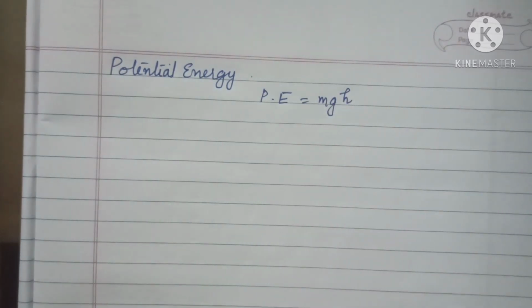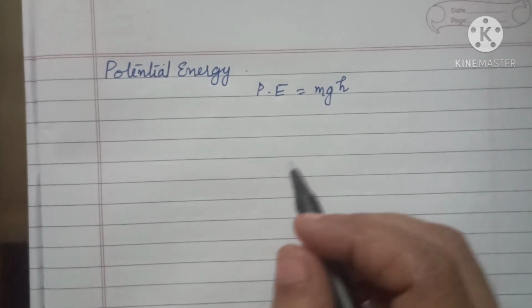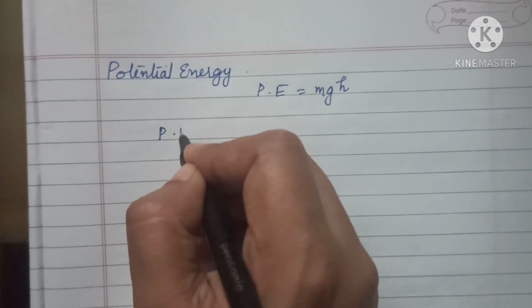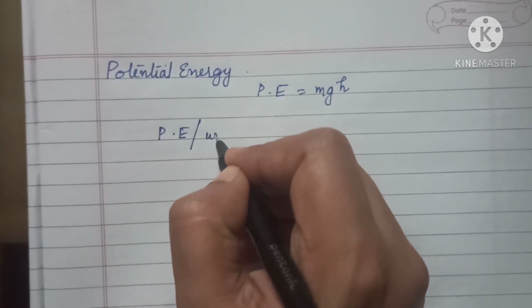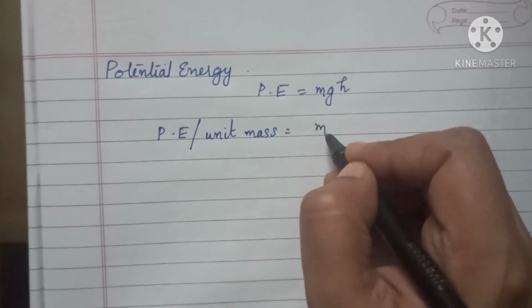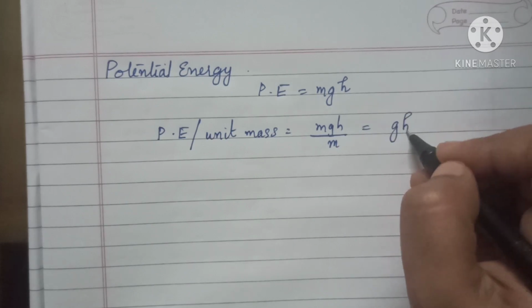The potential energy is given by the expression mgh, and similar to the last section, you can find the potential energy per unit mass. What is the answer? Yes, mgh divided by m will give you gh.